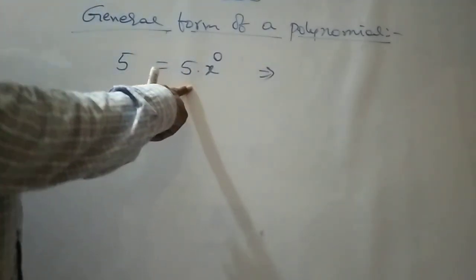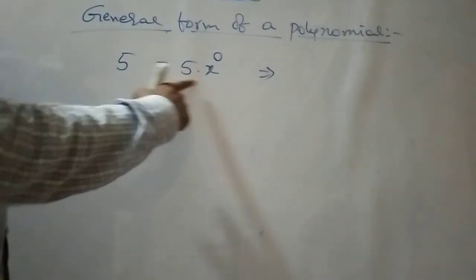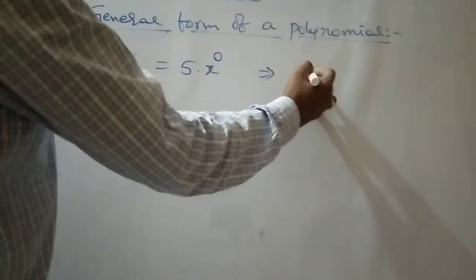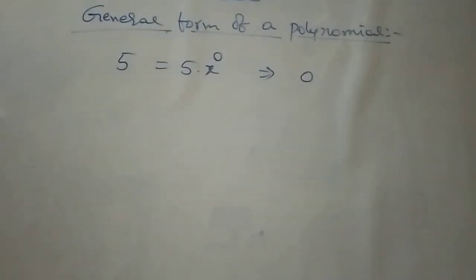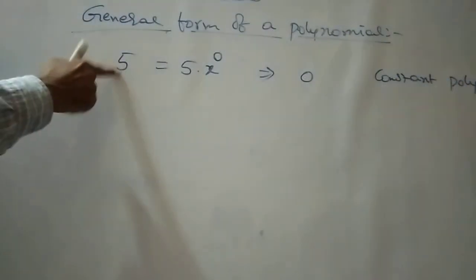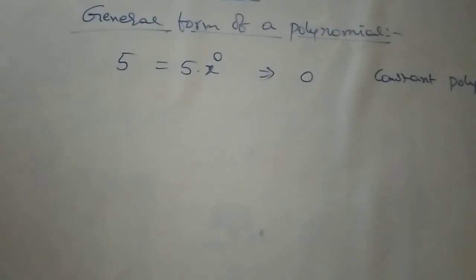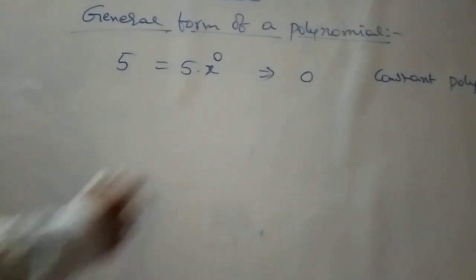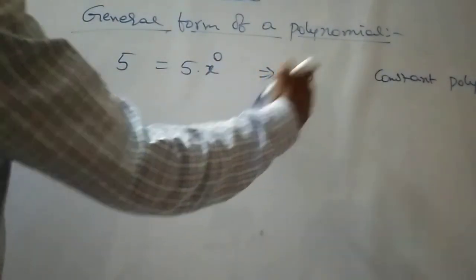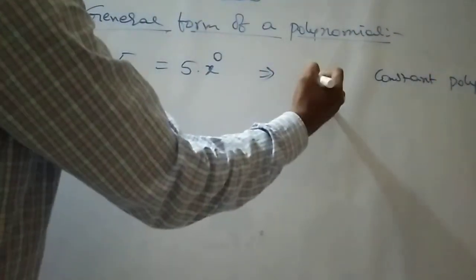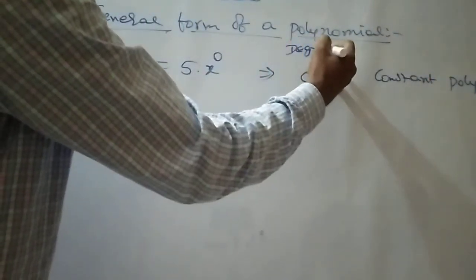The degree of this polynomial is 0. Now this polynomial is called a constant polynomial. Only a number is called a constant polynomial. If the degree of the polynomial is 0, it is called a constant polynomial.